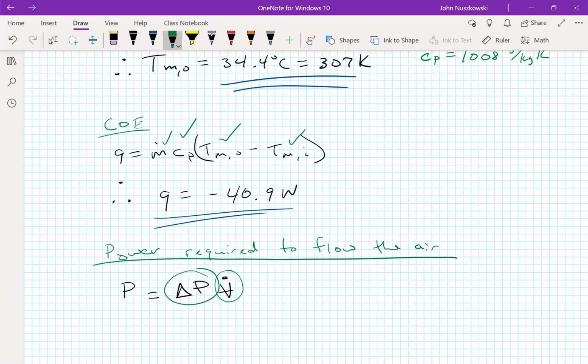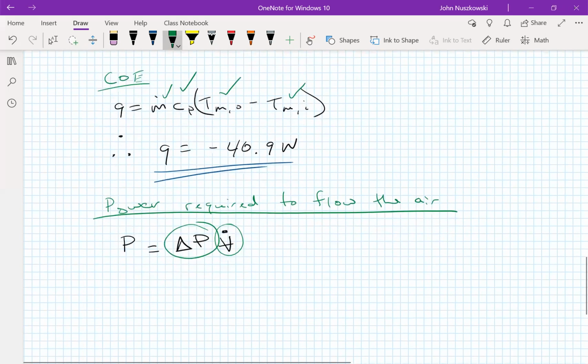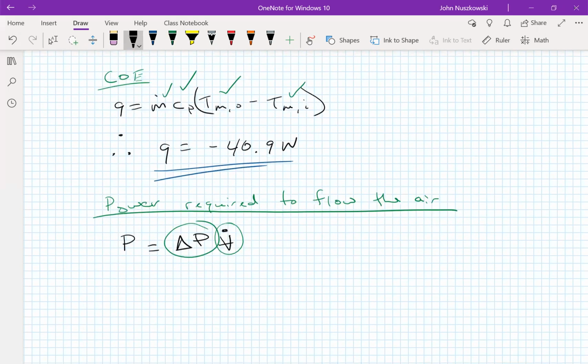Those weren't given, right? So pressure change just comes from our friction, right? We just have a horizontal tube. There's no height change, nothing. So we just have our drop in pressure related to our friction factor.